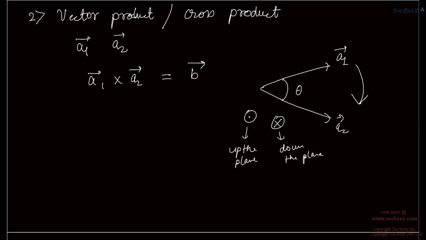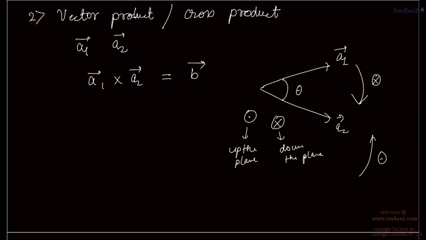So if it is A1 cross A2, we get the direction as down the plane. And if it is A2 cross A1, then curling our right hand fingers from A2 to A1, the thumb will point up. So we get the direction as up.